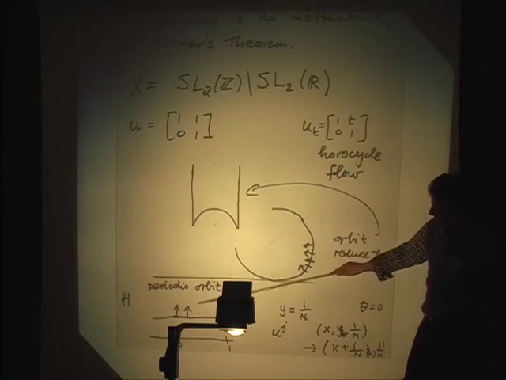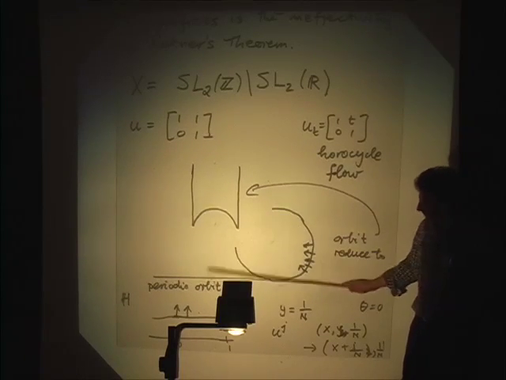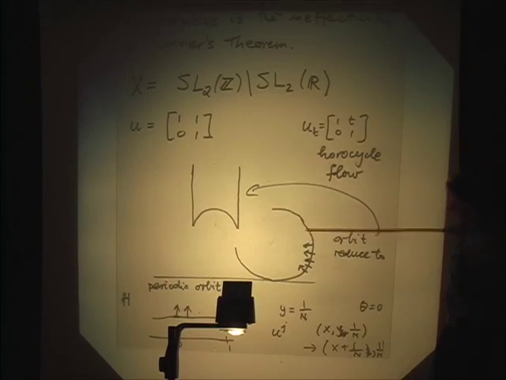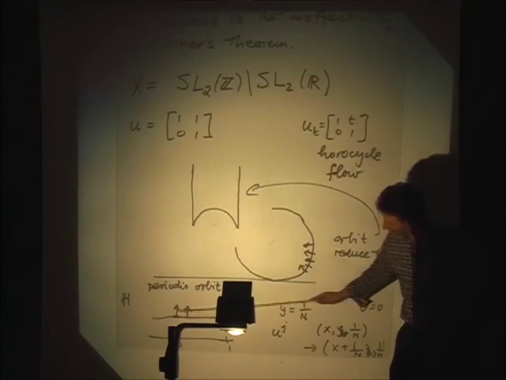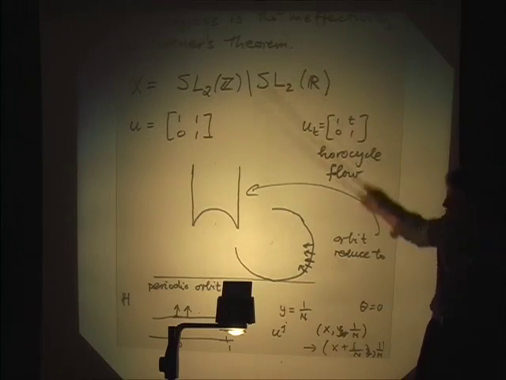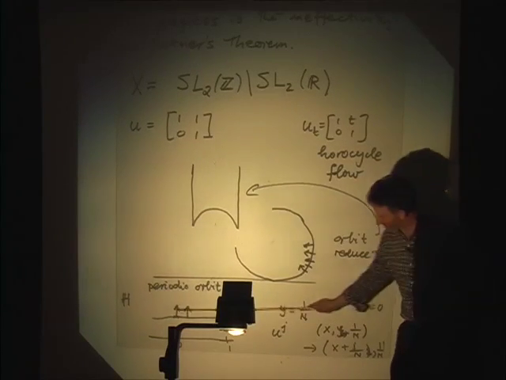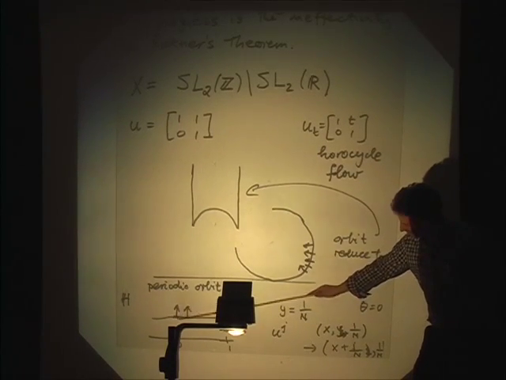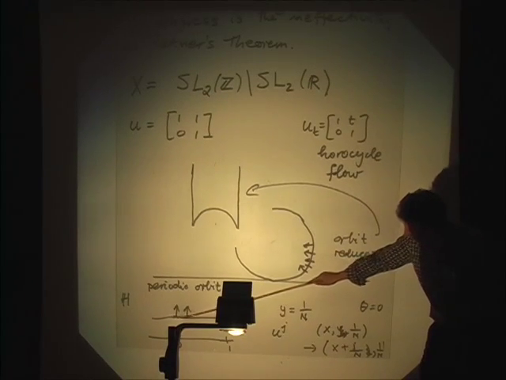So let me give you a periodic closed horocycle in the quotient. Suppose I take the horizontal. This is a picture of the upper plane above here. Suppose I take this as my horocycle, meaning the point at infinity is the boundary point, so that the horocycle becomes a horizontal line. The arrow is pointing towards infinity, and I flow along this horocycle.